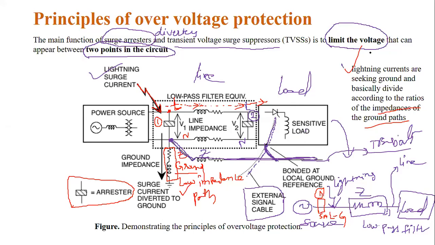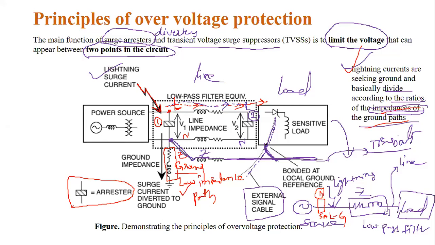Now see, these lightning currents seek ground and are divided according to the ratio of the impedances of the ground paths. When you provide a low impedance path, the amount of current diverted into the load side is reduced. Choosing the ground is very important. This is the basic principle of over voltage protection.